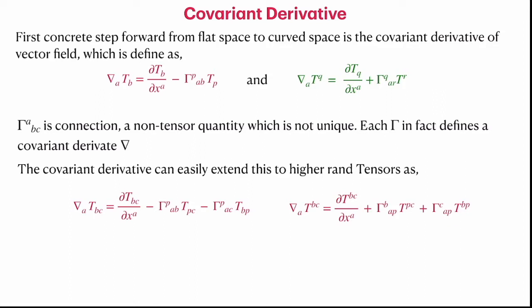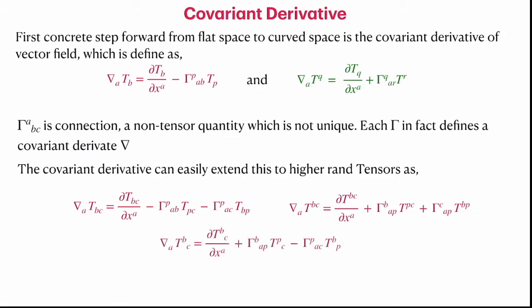Each of them should have one gamma, otherwise they would not transform like a tensor. So we contract with the gamma coefficient, that is gamma^B_AP taken as a dot product with T^PC plus gamma^C_AP taken as a dot product with T^BP. So corresponding tensor indices get contracted, and that is how we define the second rank tensor.